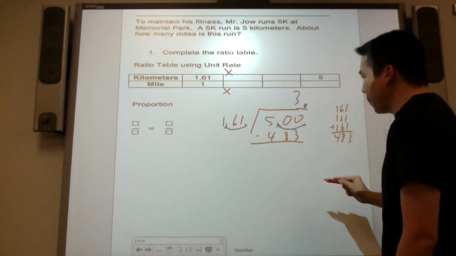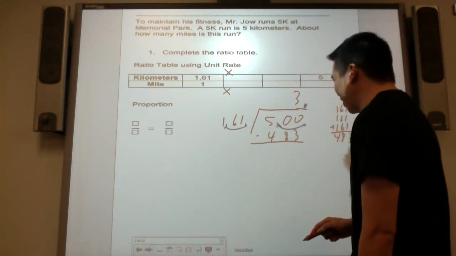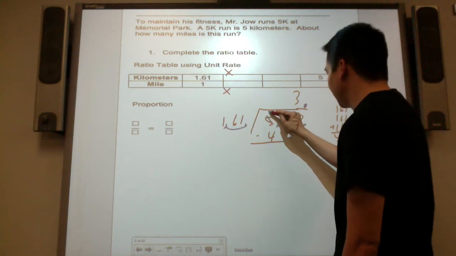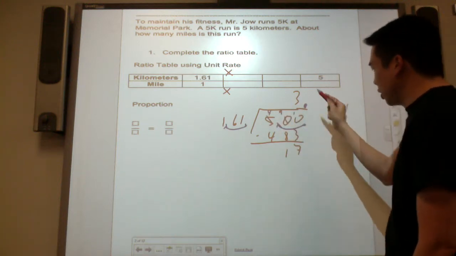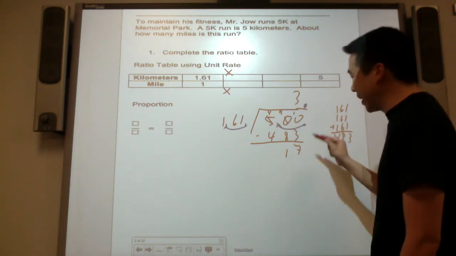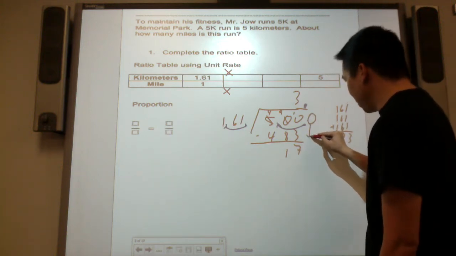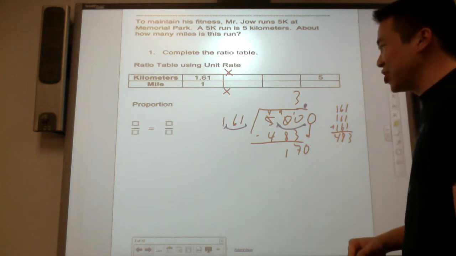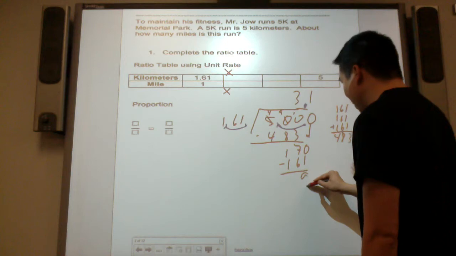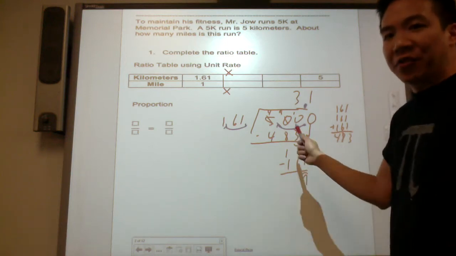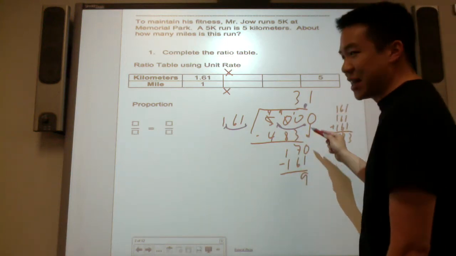So 500 minus 483 will be 17. So I want to get rid of this remainder, so let me add in our 0. Let's bring it out. How many groups of 161 go into 170? 1 time. So you have 9 left. You know what? This will keep on going forever and ever. So we're just going to round right here to the tenths place.